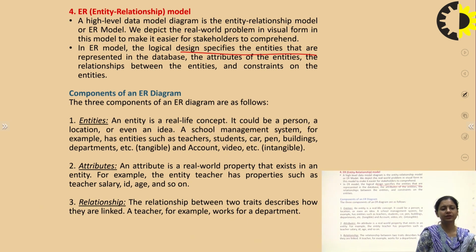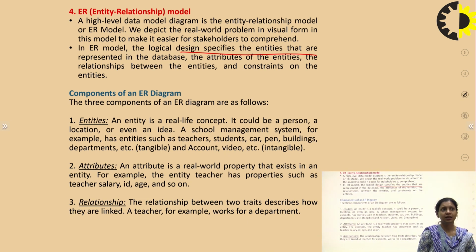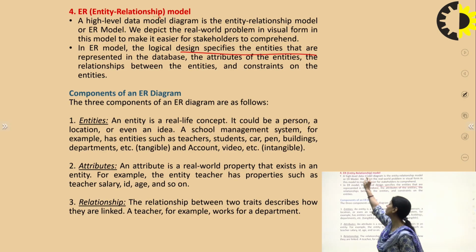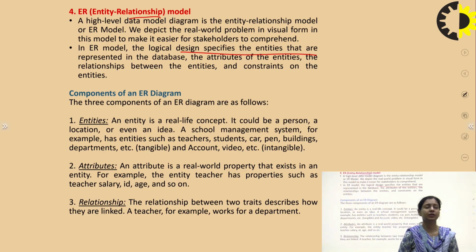For example, if we talk about the entity as a person, that entity will have the attributes like name, age, their Aadhaar number, their PAN number, etc. These all are the attributes for a particular entity. Now, when we talk about different entities, those entities need to be there with a particular relationship. So, that relationship is what we talk about over here in the ER model.